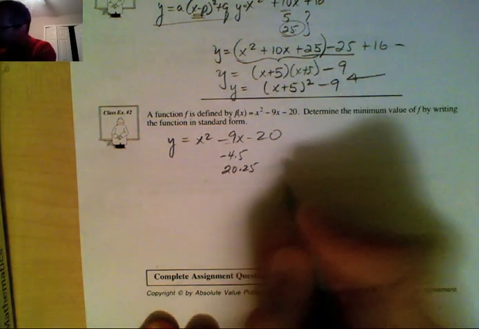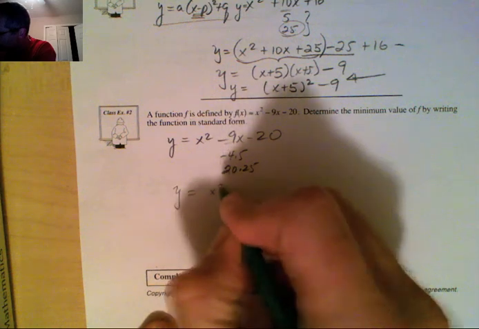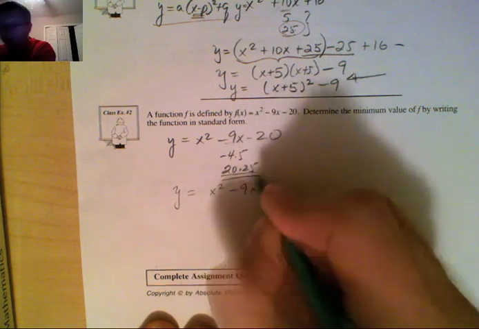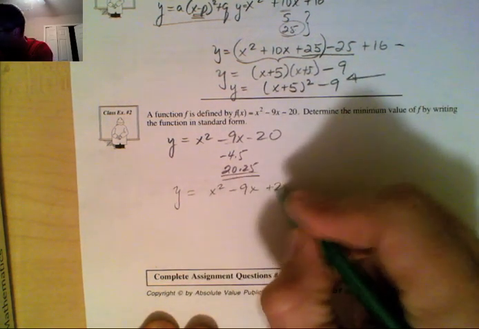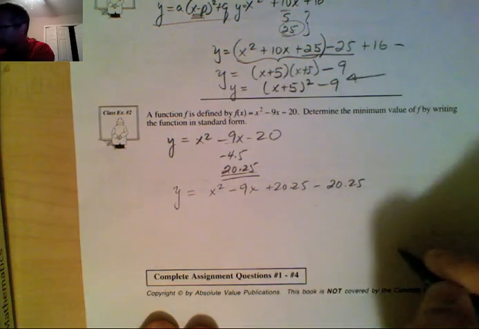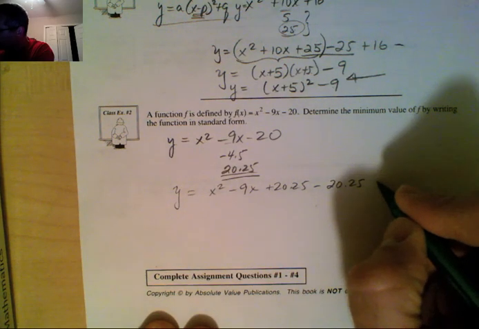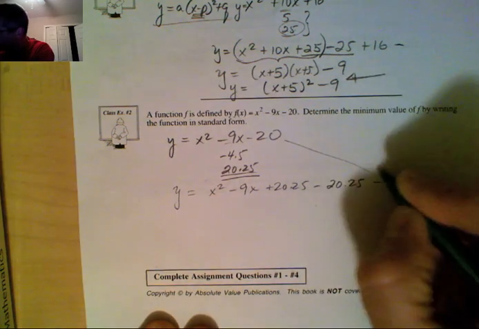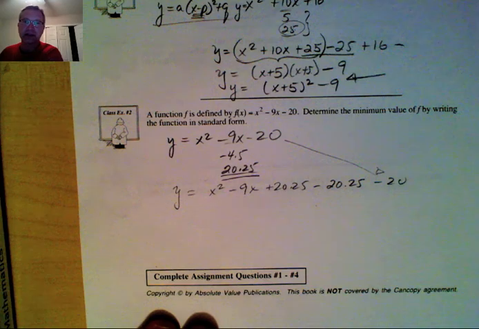The next step says take this squared term and add it to our equation and subtract it from our equation. And don't forget that you also still have a negative 20. Lots of people forget to bring that down.